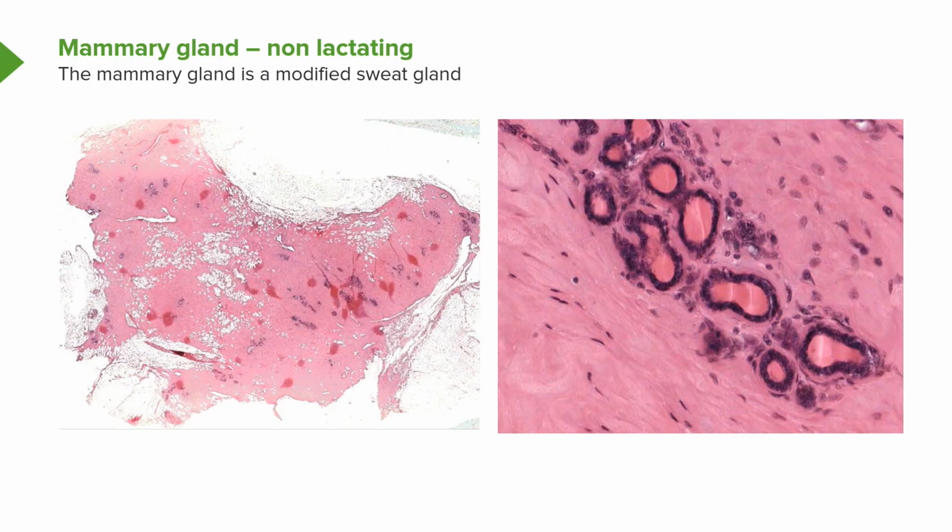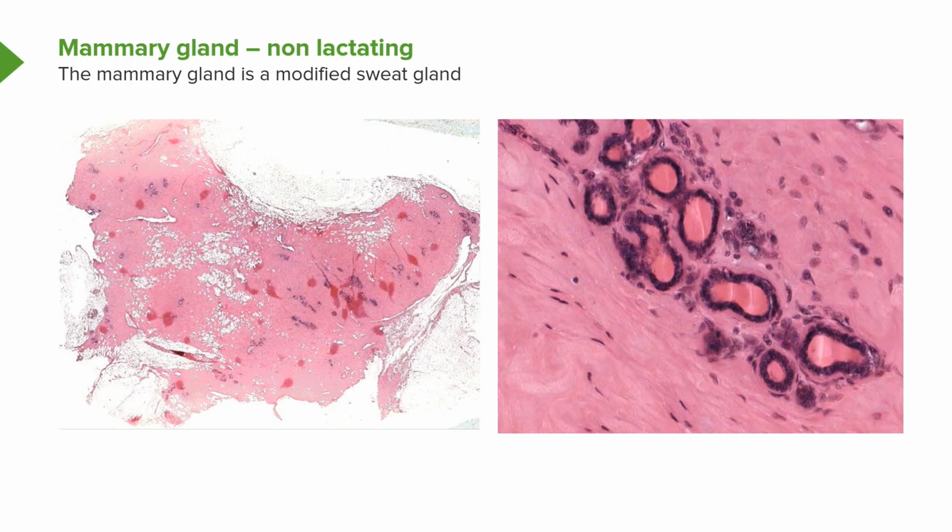These terminal ducts, under the influence of prolactin, progesterone and estrogens during pregnancy, are going to develop into the secretory units of the modified sweat gland, the apocrine sweat gland. They're going to proliferate and form lobules, acini, secretory units.